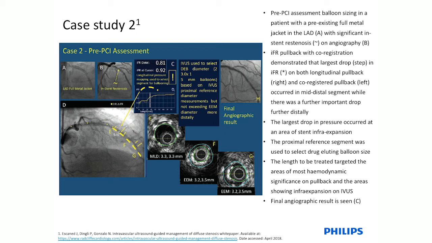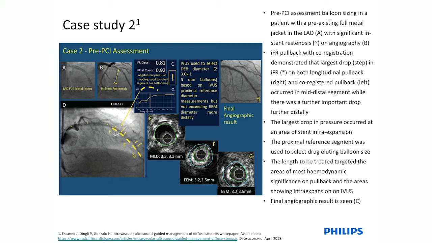In this particular case, we have the information obtained from IVUS pullback and from an iFR pullback. You can see this in the mid panel, and it was possible to understand that there was a particular segment of this previously stented segment that accounted for all this hemodynamic impairment.